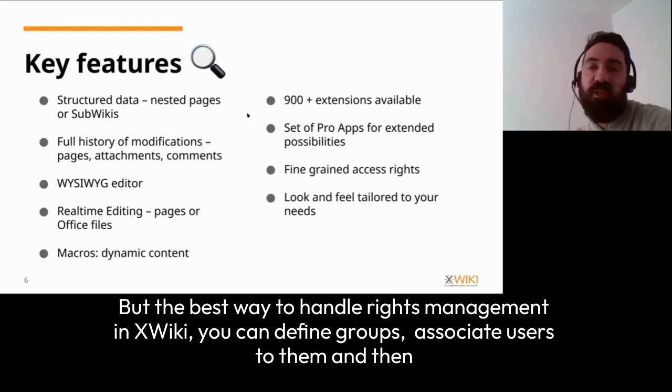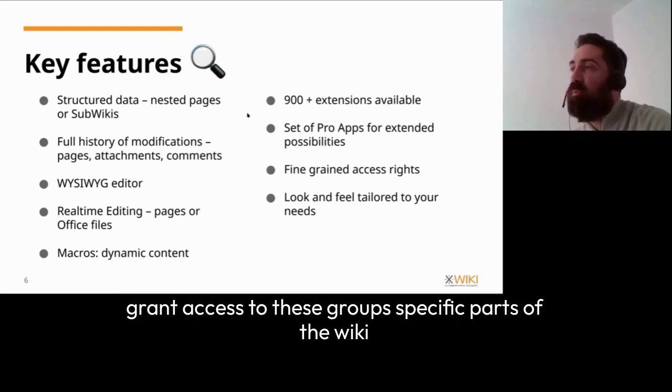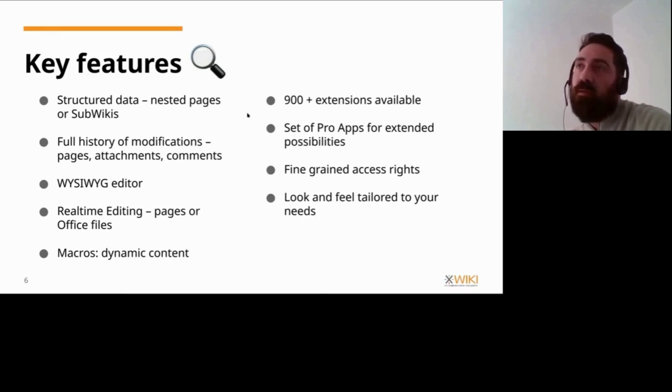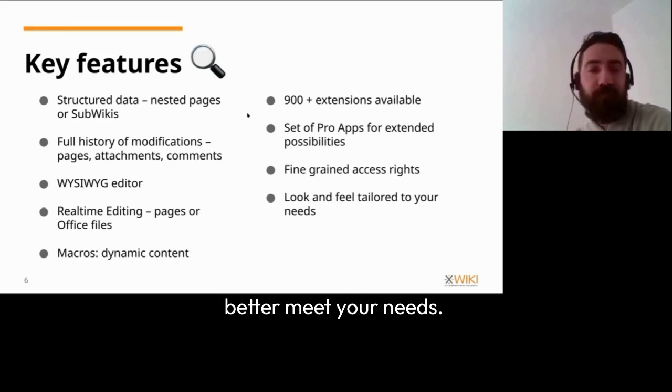And that's the best way to handle rights management in XWiki. You can define groups, associate users to them, and then grant access to these groups to specific parts of the subtree. And finally, there are some easy ways to tweak the look and feel of your instance to better meet your needs.